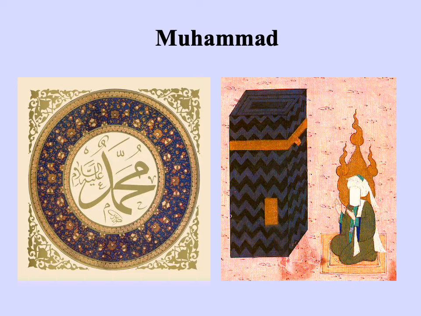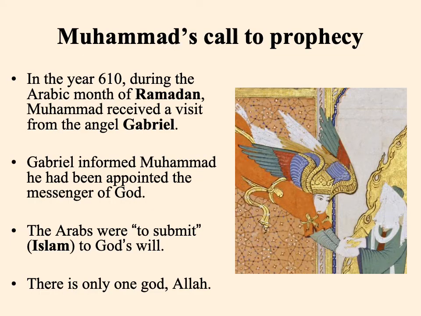So I just wanted to preface our discussion with a little bit of historical background in that vein. So, again, Muhammad is not a prophet for much of his life until the year 610, so around the age of 40, during the Arabic month of Ramadan. There's an interesting month. Muhammad receives a visit from the angel Gabriel.